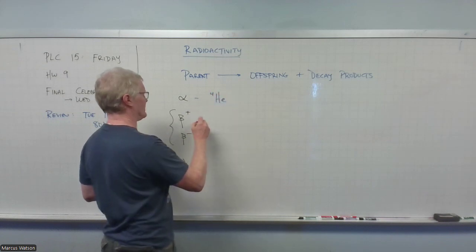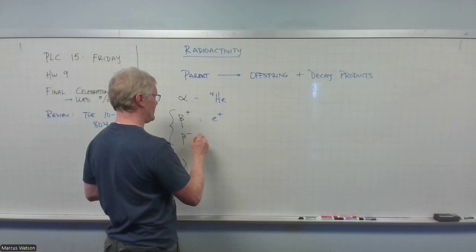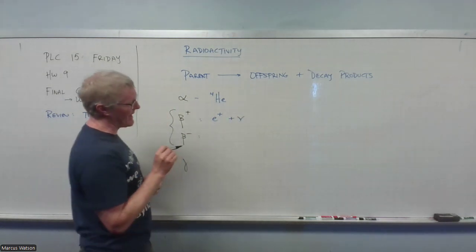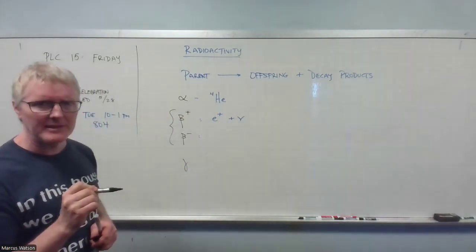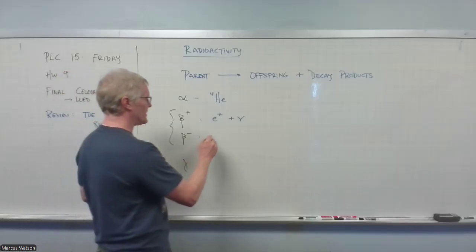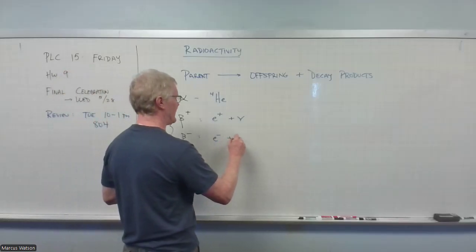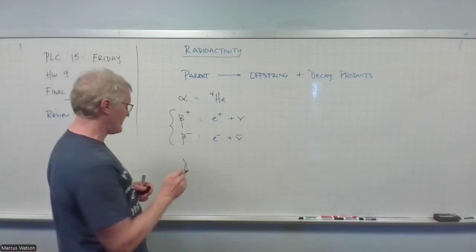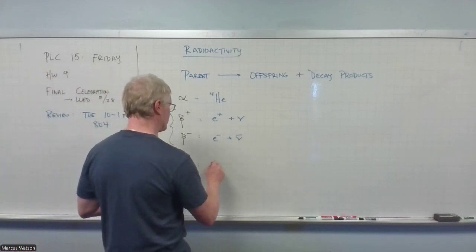Just remind everybody of this. This is a positron emitted. The positron emitted typically comes with a neutrino on the end of it, and I believe I put that in the homework. When you look at the reaction, the neutrino is in there. When it's the electron emitted, it's the anti-neutrino, so it should be a nu with a bar on it. And then the gamma is just EM radiation.